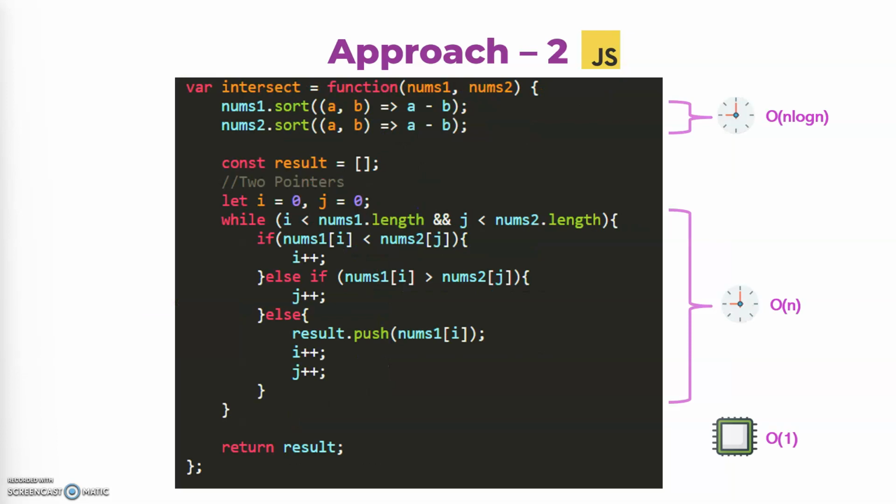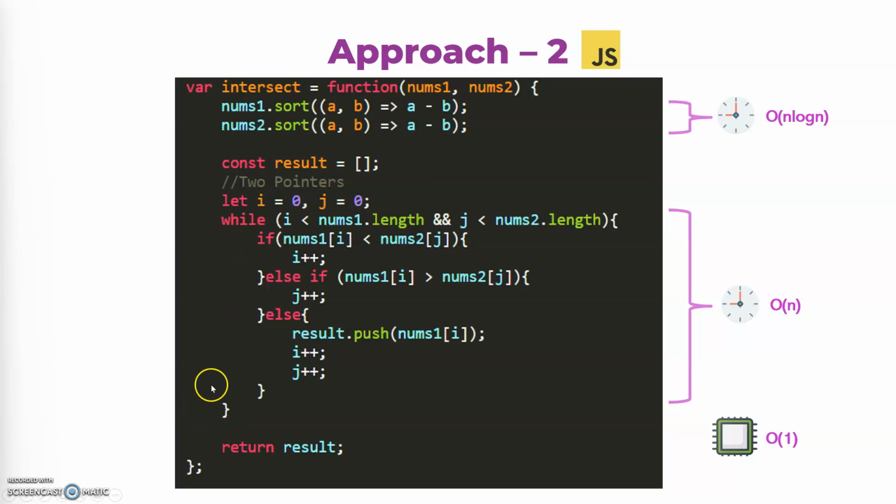Let's have a look at time and space complexity. In terms of time, with this approach, we are sorting both nums1 and nums2. For this sort, the internal implementation is O of n log n. It is n log n runtime cost. And the second chunk is this while loop.